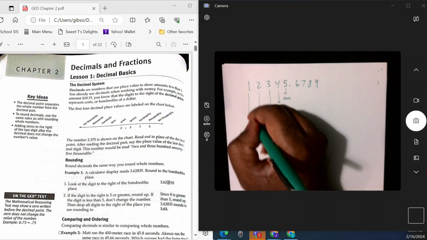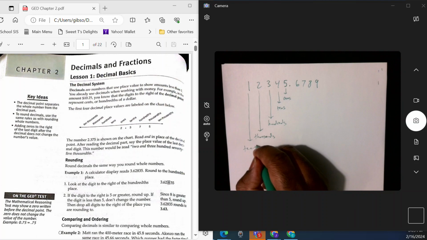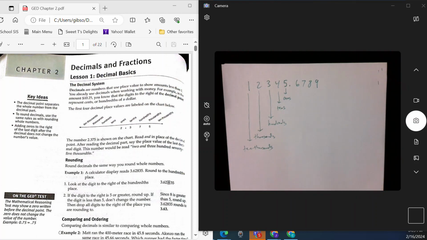And then finally here, the fifth digit is in the 10,000s place. Okay, these are the place values in front of the decimals. And then you know, after we do 10,000s, we go to 100,000s and so on.